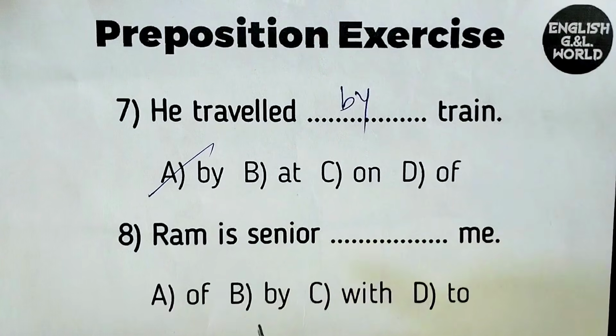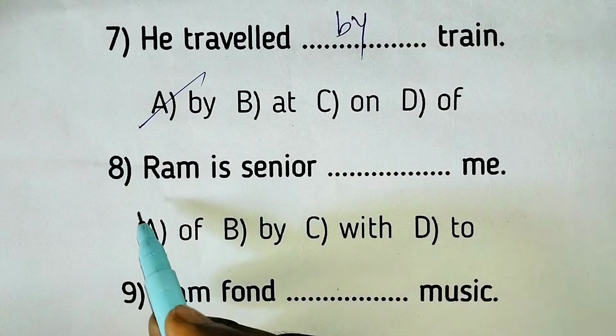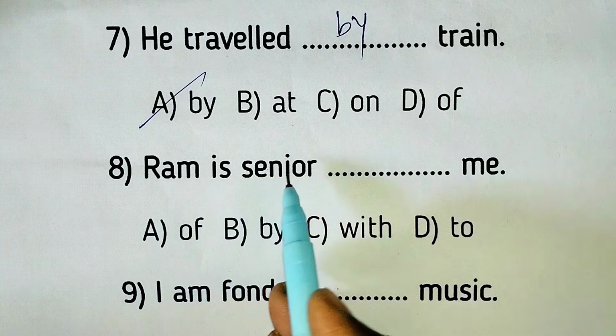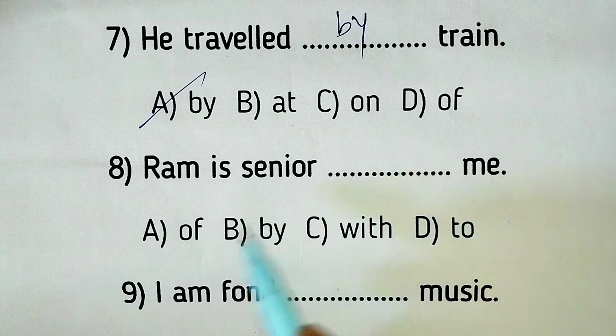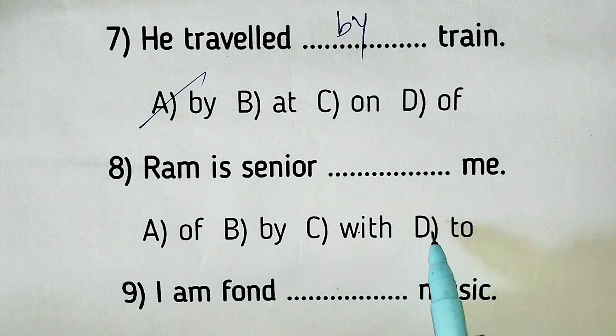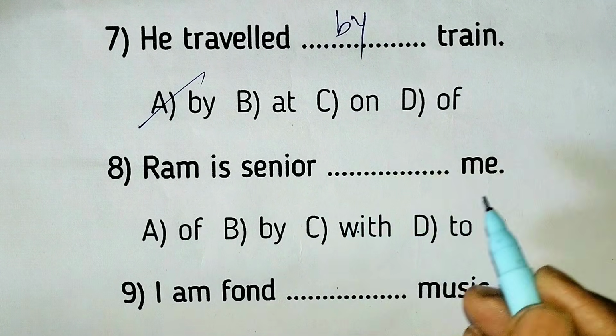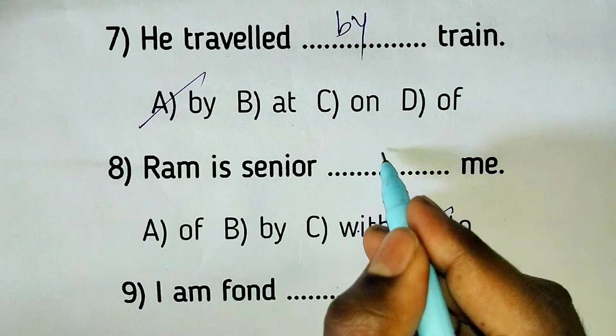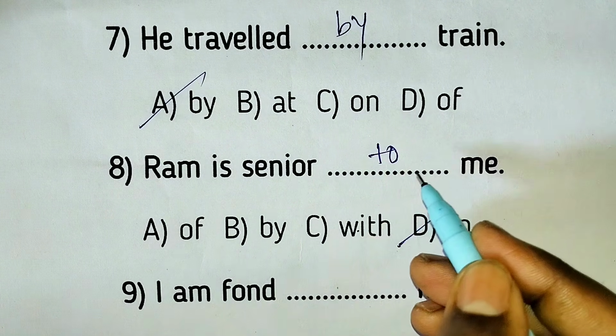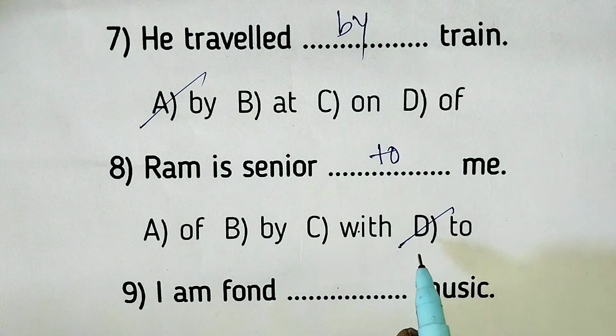Next. Ram is senior dash me. Of, by, with, or to. Which one is the right? Ram is senior to me. But why to?